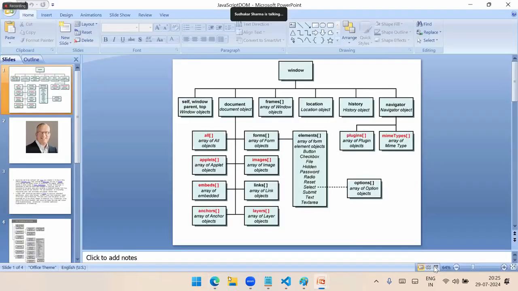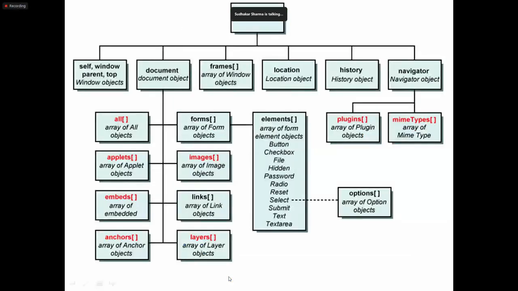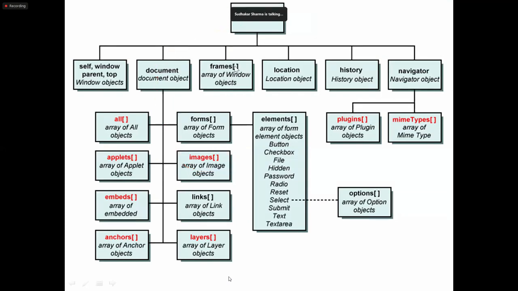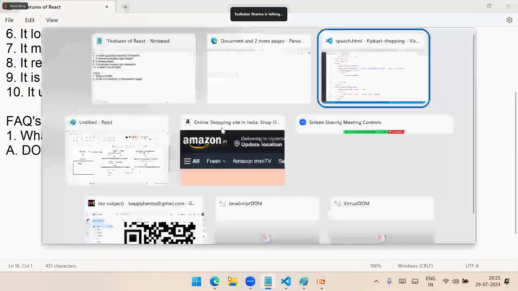Now, how can JavaScript access any element in a page? It can use the DOM hierarchy. See the DOM hierarchy. In the DOM hierarchy, where is the image? Image is here. Images is a part of the document, and document is a part of window. So let's go to the logic.